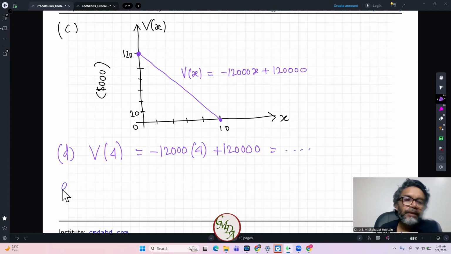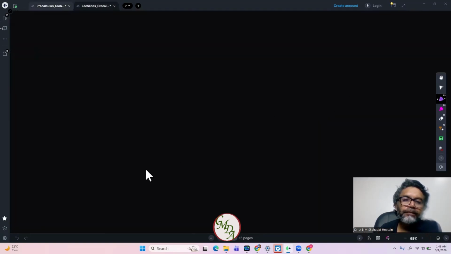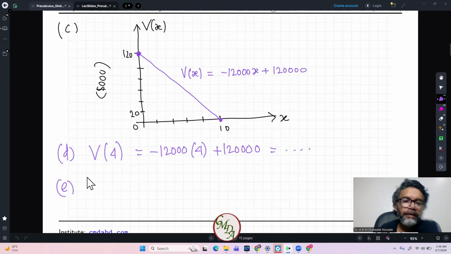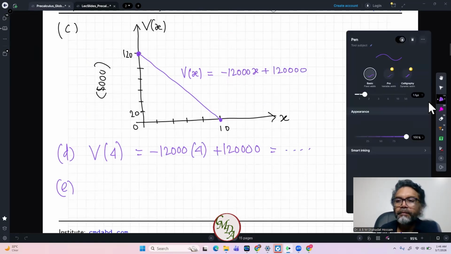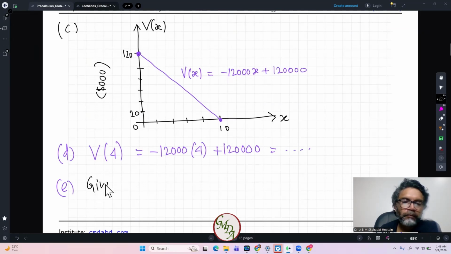And then part E, the last part of this problem, which is when will the machine have a book value of $72,000? So in this part, given V of x is $72,000, we need to find the x value, at what age.